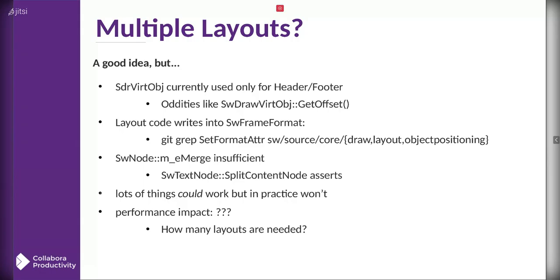Yeah, something like that. And in the implementation, like the split content node function, when it updates some merged paragraphs, it will actually assert when it finds that there are frames with different settings, which would happen in this multiple layout case.